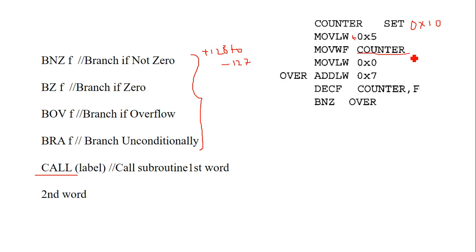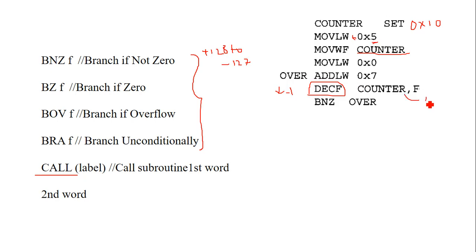Then empty your W by placing 0 as a literal value. Then ADDLW 0x7, that means you are adding 7 into 0. Then DECF counter. This instruction is used for decrement. It decrements only one digit. So earlier the counter had the value 5. After this instruction the counter will be 4.